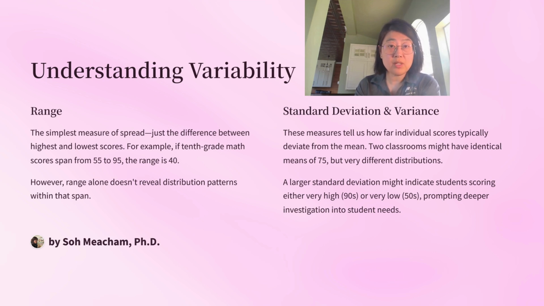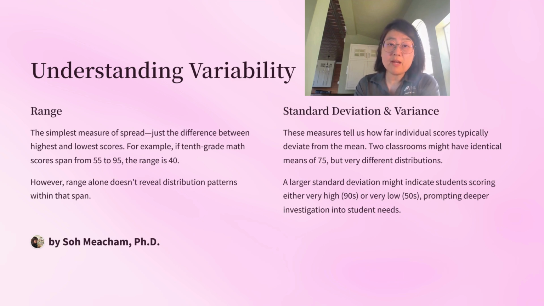Two classrooms could have the same range, but very different patterns within that range. This is where standard deviation and variance come in. These measures tell us how far individual scores tend to be from the mean. For instance, in one classroom, most students might score near the average of 75, while in another classroom, students are either scoring in the 90s or the 50s, with few in between.